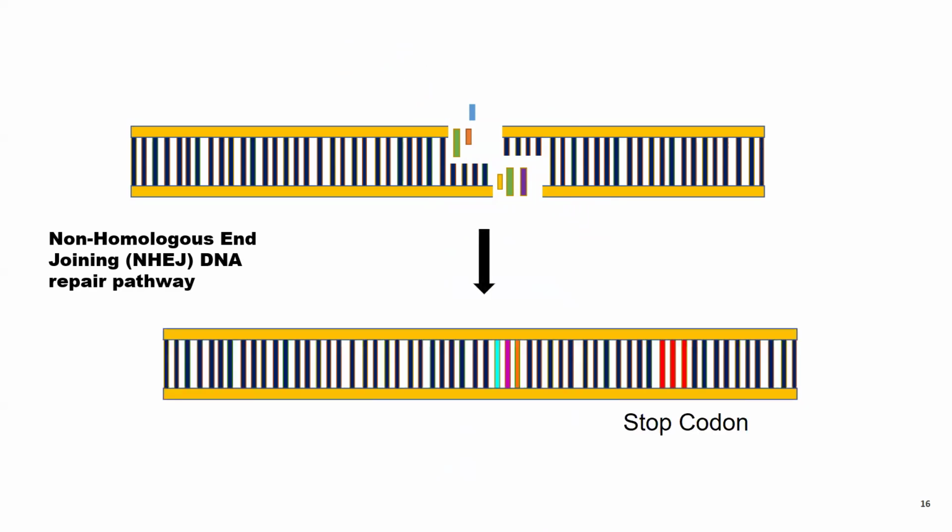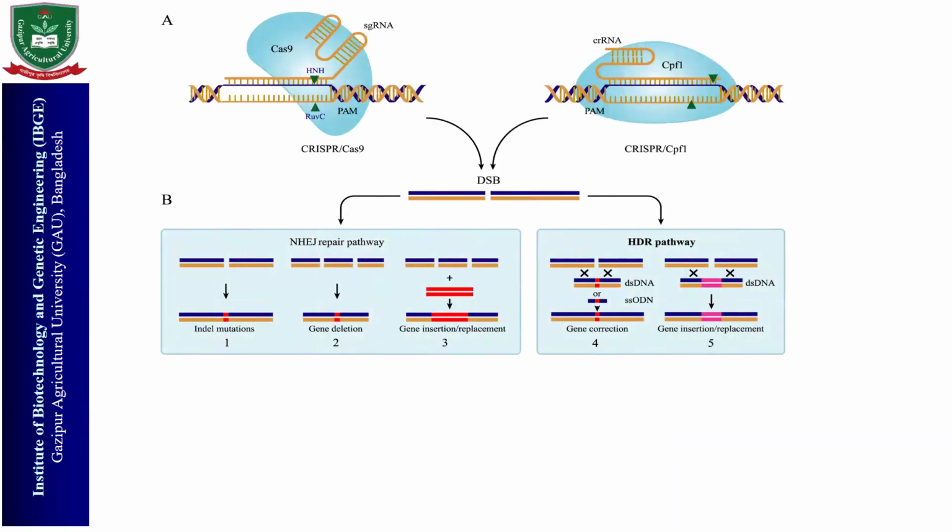And finally, we find this type of modification. Here you see 3 nucleotides are changed. And if 3 nucleotides in the functional gene are changed, then this gene cannot be expressed. That means it is edited without adding any foreign gene. So gene editing is done.